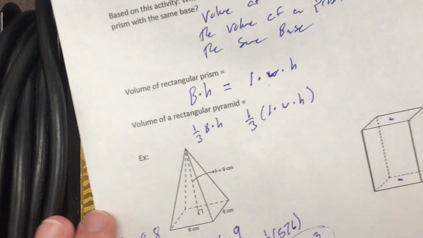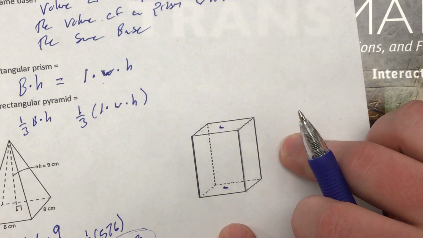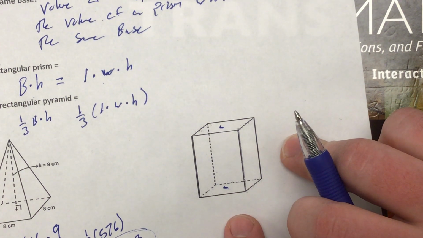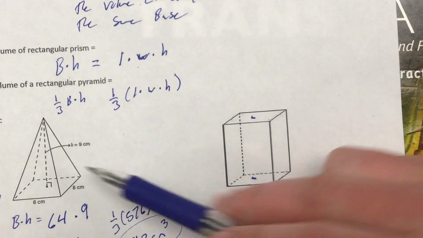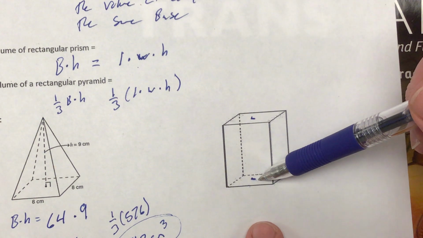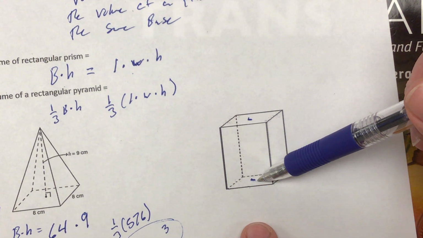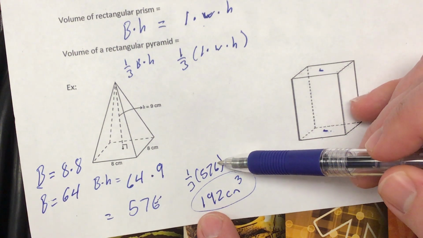Now what's the volume of this prism? We have no numbers, but if it has the same base as this pyramid, 8 times 8, 64, and it's the same height, do we have to calculate anything? The pyramid doesn't have a top, it only has a point.